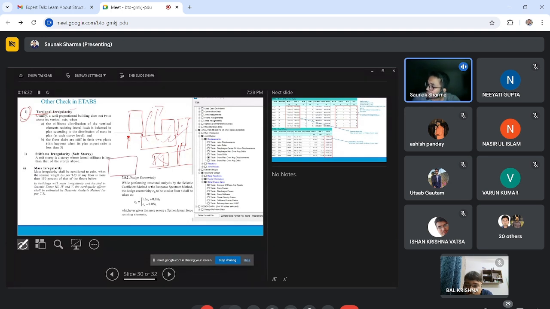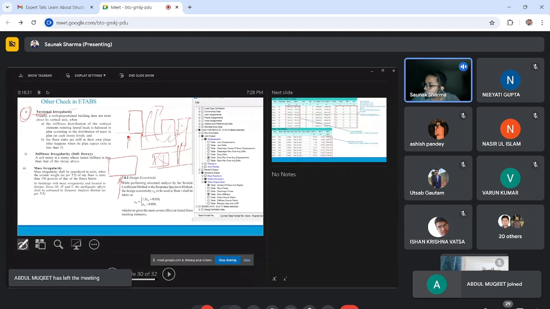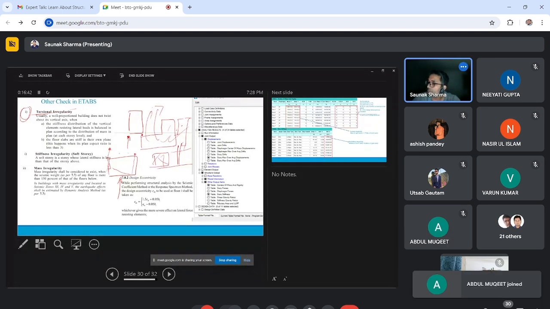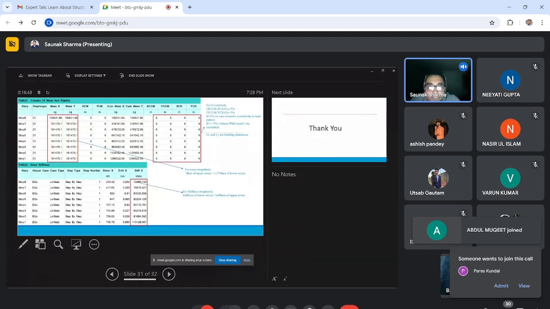Let's say this is a building. When lateral load acts, if the stiffness of the building is not distributed symmetrically, the deflection will come. Building will deflect like this, right? The maximum deflection to minimum deflection ratio should not be greater than 1.5. I think in NBC and IS it is a little bit different. 1.5. Torsional irregularity.